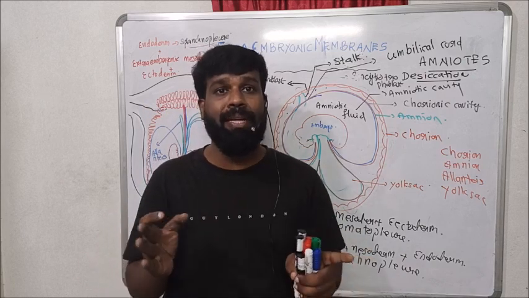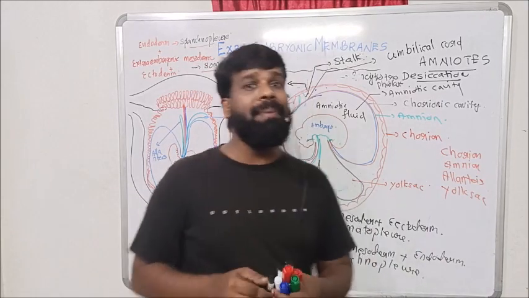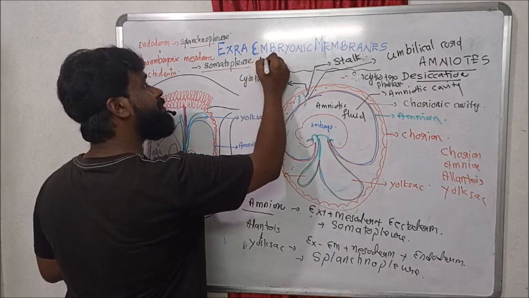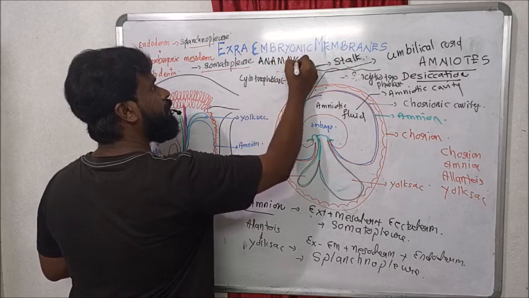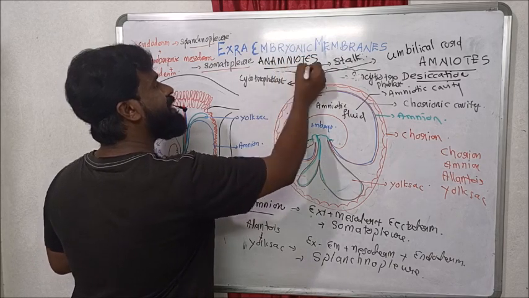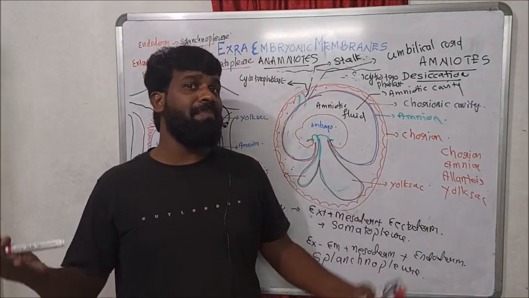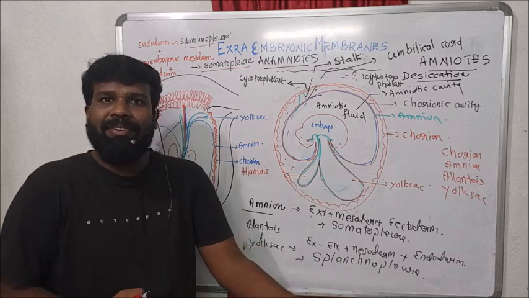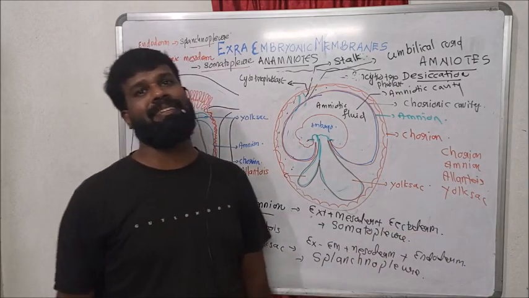So fishes and amphibians are anamniotes. There is no fluid-filled extraembryonic membrane for preventing desiccation of embryo.